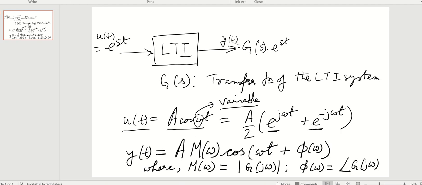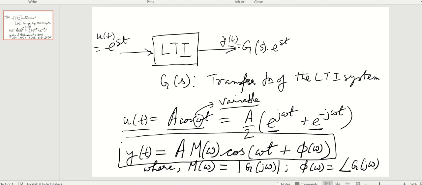You apply sinusoidal or cosinusoidal inputs of different frequencies, and you see what the output is for each of those inputs, and from there you can measure what m of omega is and what phi of omega is. And this will allow you to plot these two functions, m of omega and phi of omega, versus omega, where omega is the independent variable.